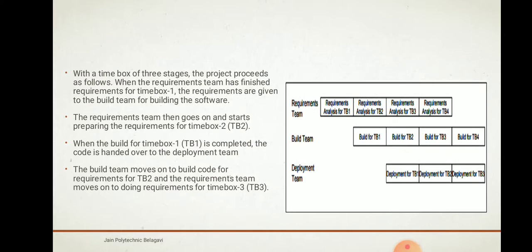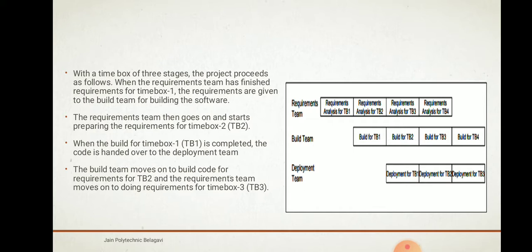Now with time boxes of 3 stages, the project proceeds as follows. Suppose the requirement team has finished the requirements for time box 1. The requirements are given to the build team for building the software. So the build team will produce the software for TB1. Until then the requirement team goes on and starts preparing the requirements for time box 2.